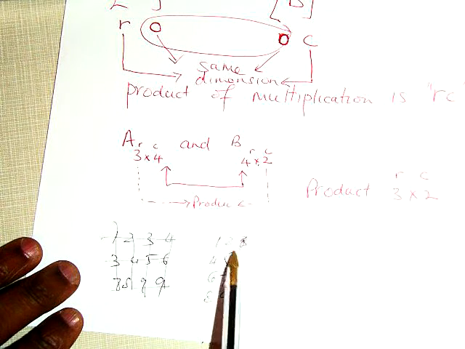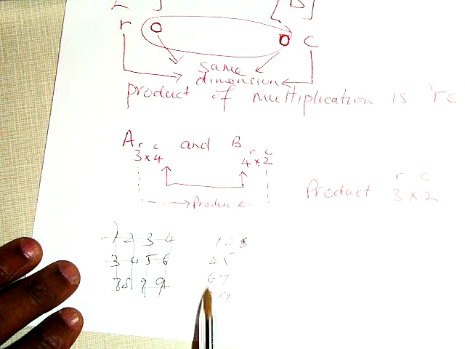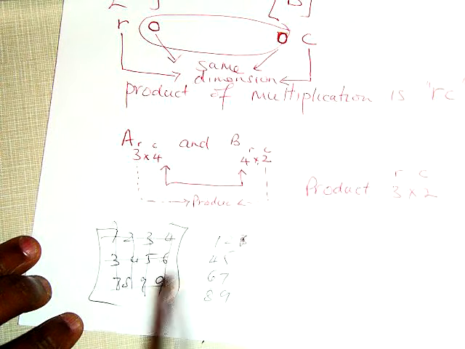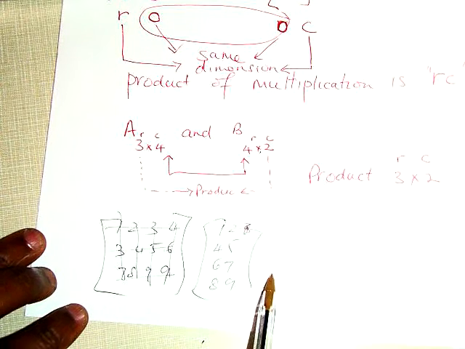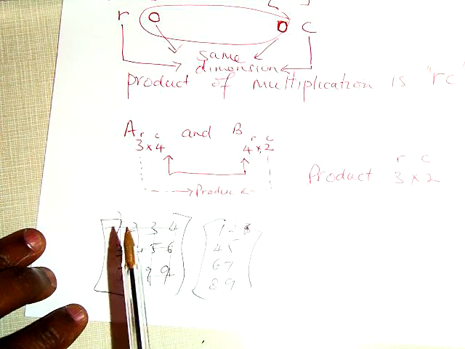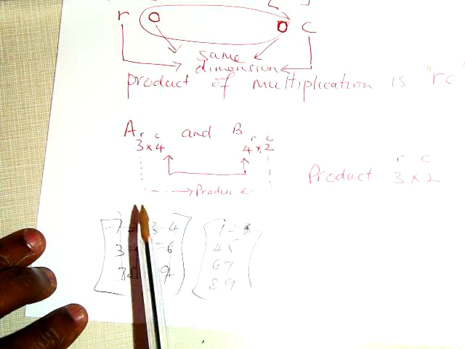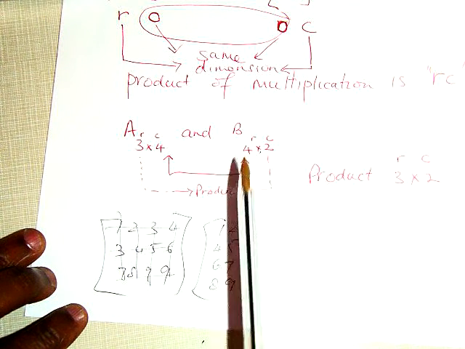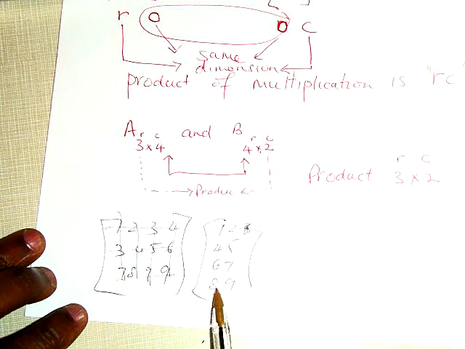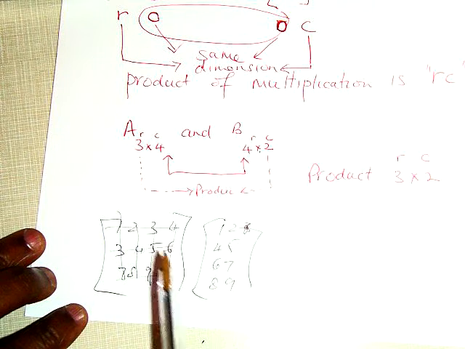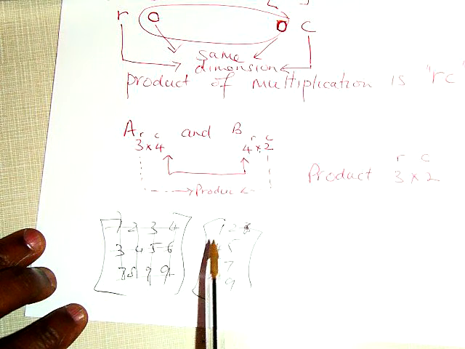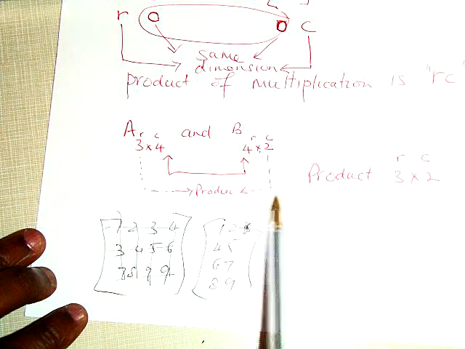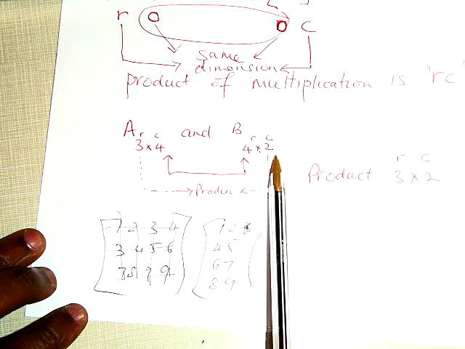So this matrix has 4 rows and 2 columns. And it means I can take this matrix and multiply it by this matrix to get an answer, because the number of columns in this matrix, which is 1, 2, 3, 4, is the same as the number of rows in the other one, 1, 2, 3, 4. And what is my answer going to be? If I multiply a 3 by 4 by a 4 by 2, the answer is going to be a 3 by 2 product. All right?